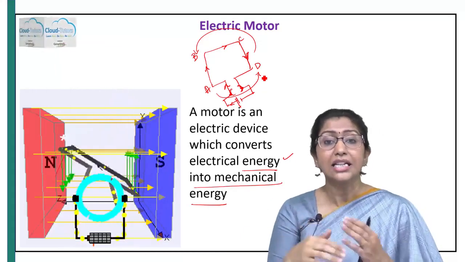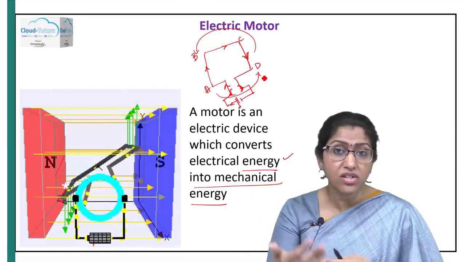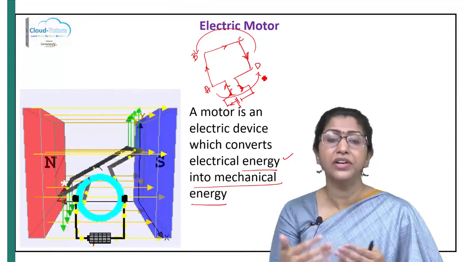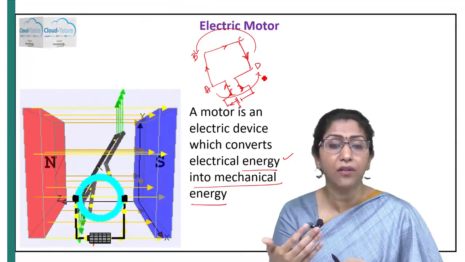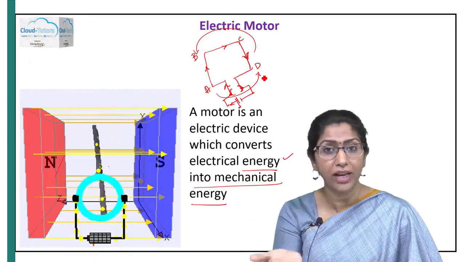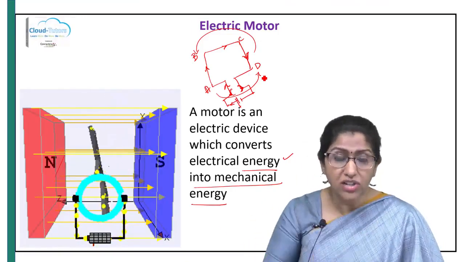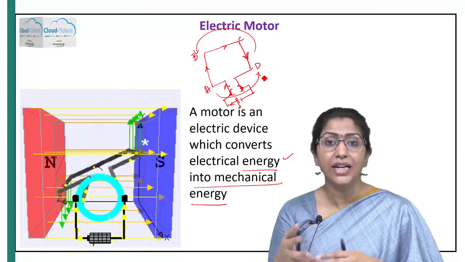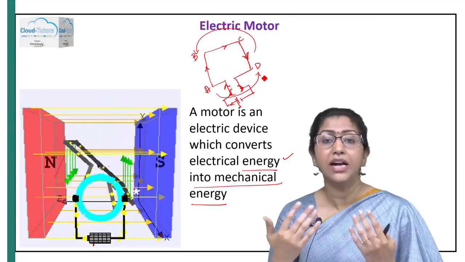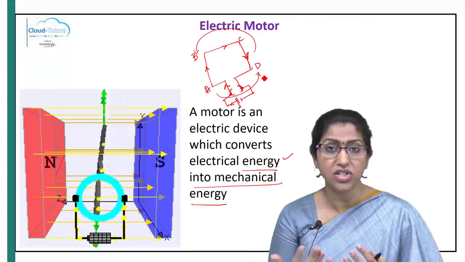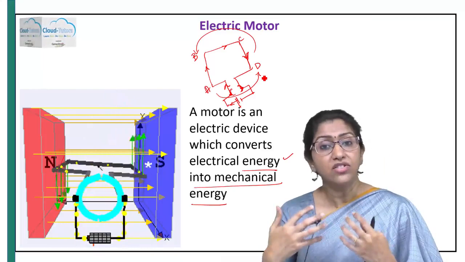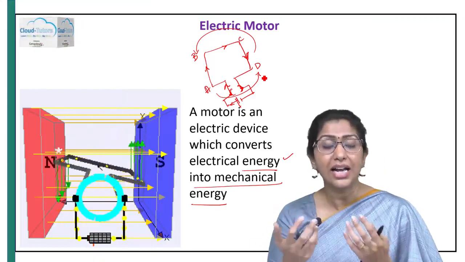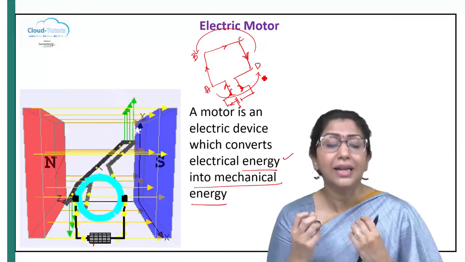This rotational pattern, or this mechanical force which is pushing and pulling and hence creating a rotation on this coil, can be harnessed in the form of mechanical energy, and hence the electric motor has enormous applications.